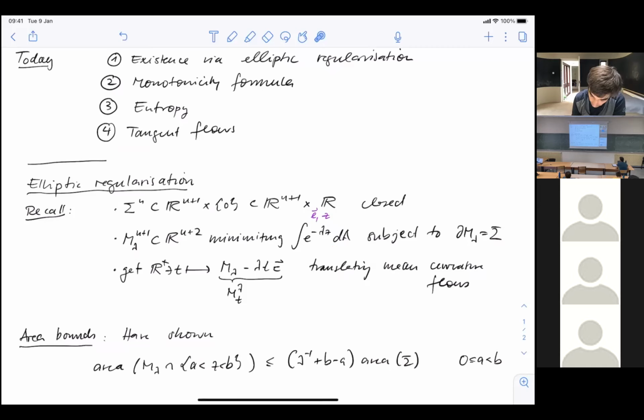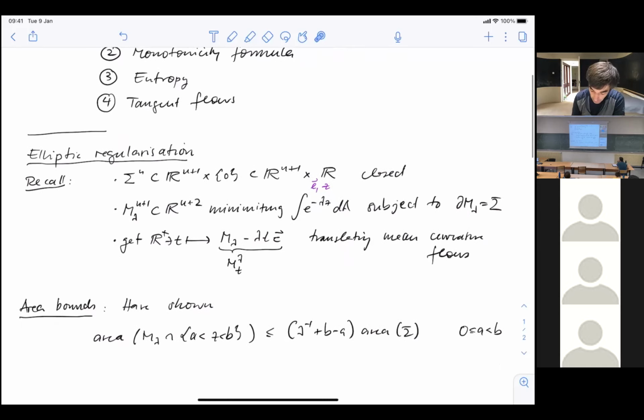For that, we have to work with currents, so sigma can't have boundary and should be orientable. It works always in codimension 1. Then we can find these minimizers, which are critical points of this functional. Critical points of this functional, translated downwards with speed lambda, give us a family of translating solutions to mean curvature flow. So this is the setup here.